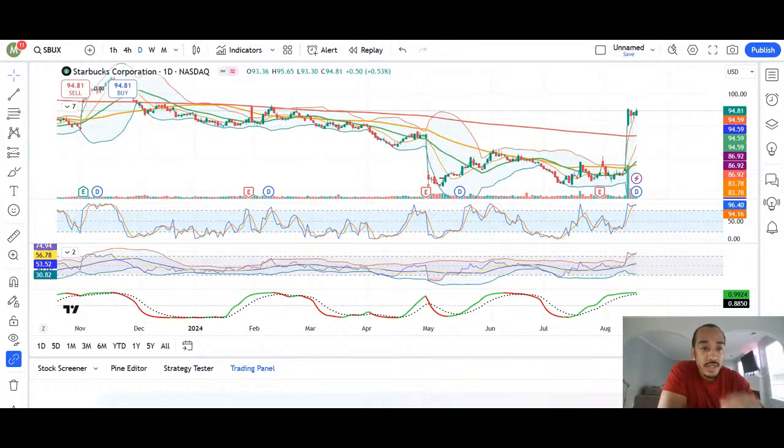But going back to the reason why I'm showing y'all this is that gaps usually get filled, right? So we got two gaps that have not been filled. And gaps don't always get filled, but now Starbucks has two gaps, right? Starbucks has a gap here. That was earnings.